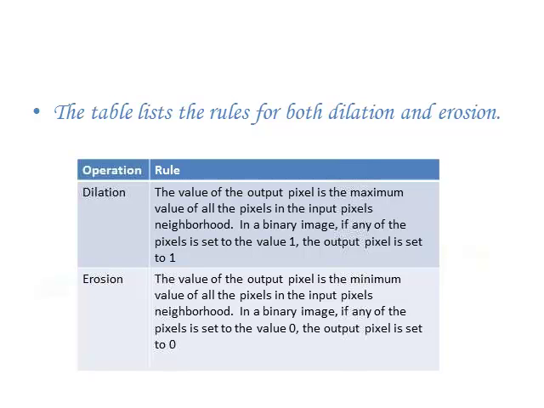Dilation: the value of the output pixel is the maximum value of all the pixels in the input pixel's neighborhood. In a binary image, if any of the pixels is set to the value 1, the output pixel is set to 1. Erosion: the value of the output pixel is the minimum value of all the pixels in the input pixel neighborhood. In a binary image, if any of the pixels is set to the value 0, the output pixel is set to 0.